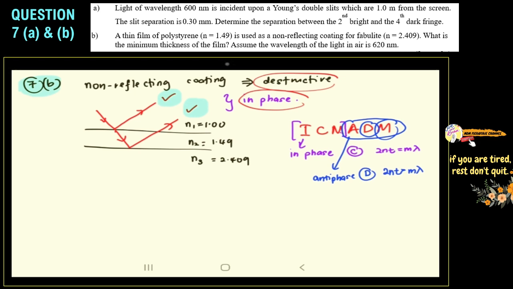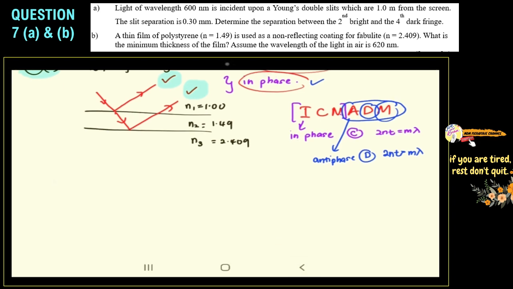Okay, so we must choose the formula in phase and destructive. In phase constructive is 2nt equal to m lambda, right? So in phase destructive, the equation is 2nt equal to m plus half lambda.